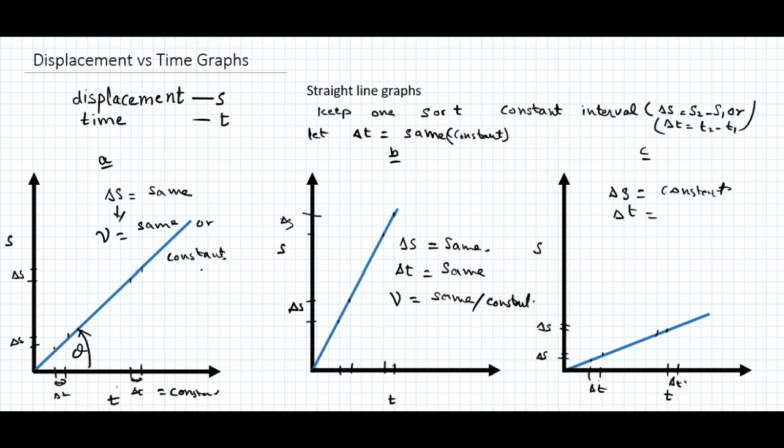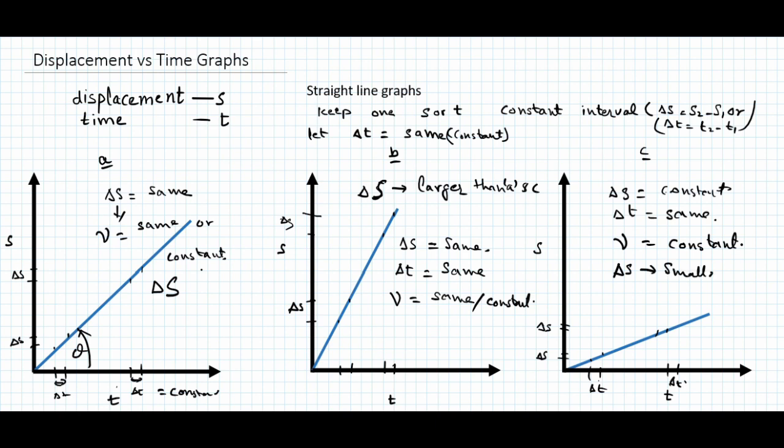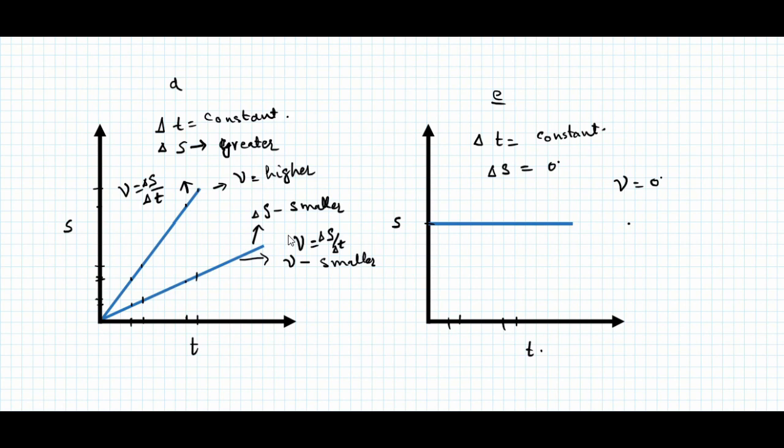From these graphs we deduce that when slope is higher, the change in displacement is larger, so their velocity is larger. If the slope is smaller, their change in displacement is smaller, so their velocity is also smaller.